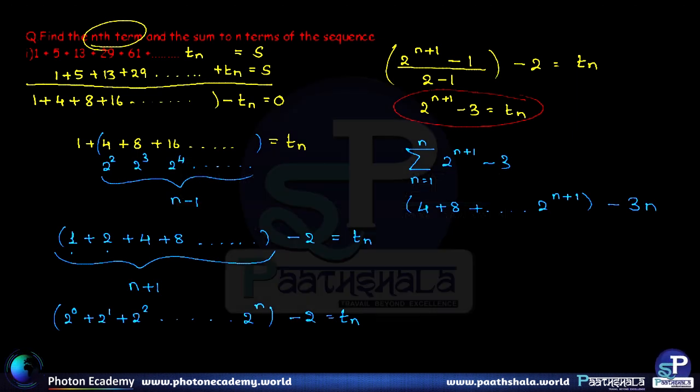Because it is n from 1 to n, and this will simply become minus 3n. So again, it's a GP, and we know the formula for the sum of a GP.